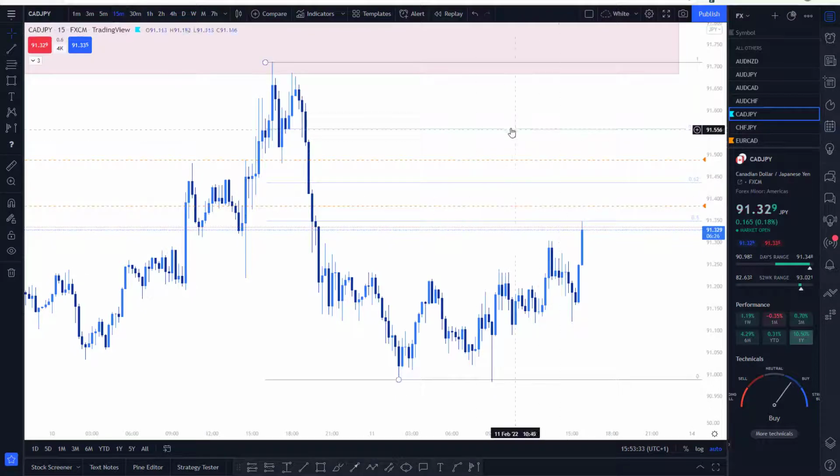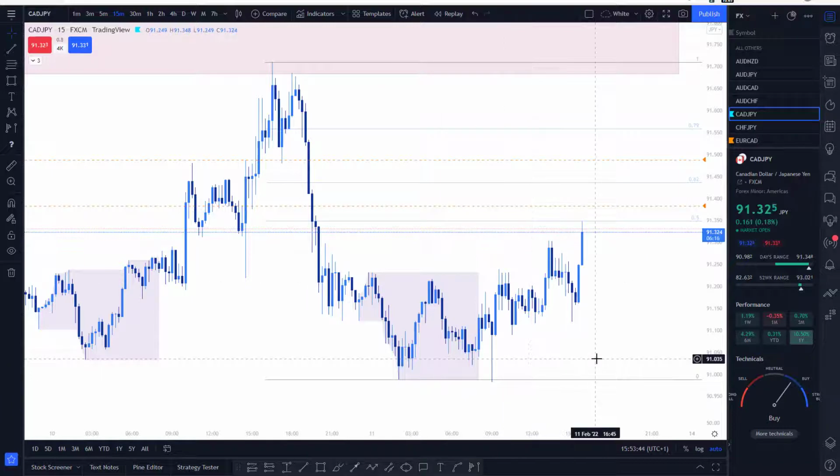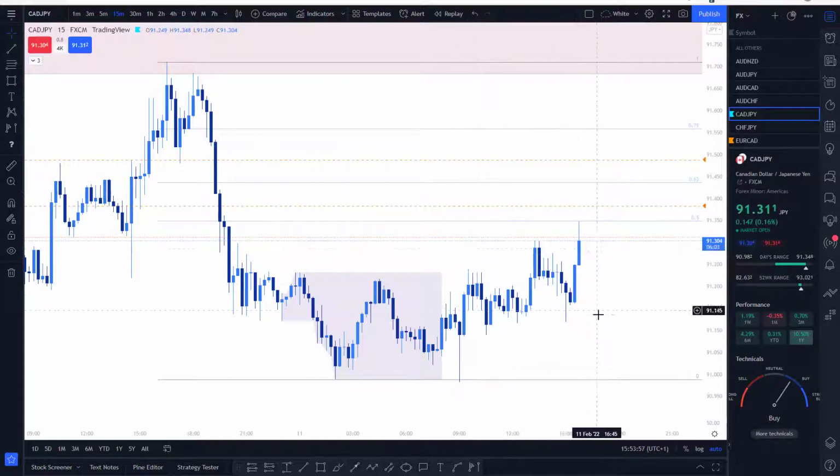If we look to the 15-minute, there was a minor change of character here and a major change of character here. Asia was sideways. London took liquidity, just a notch below Asia and Asia low to then drive the price higher.